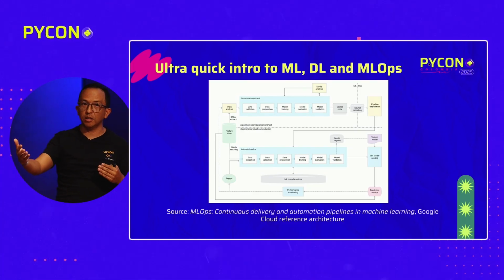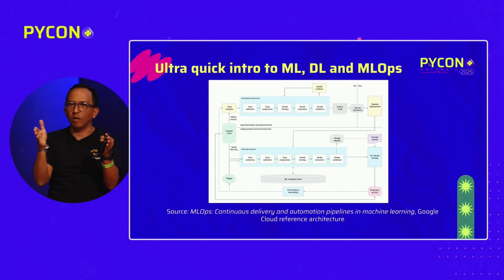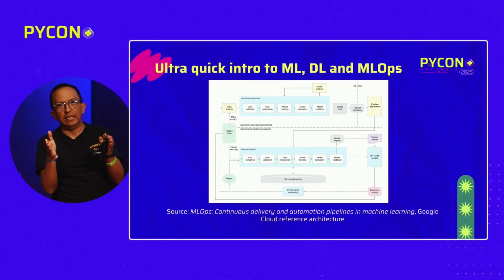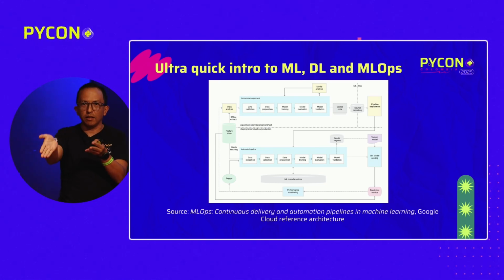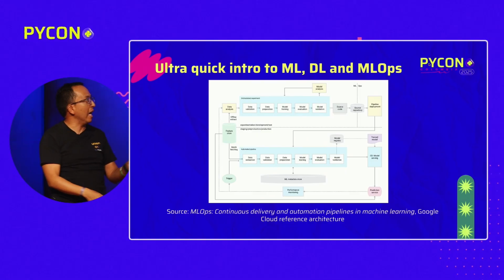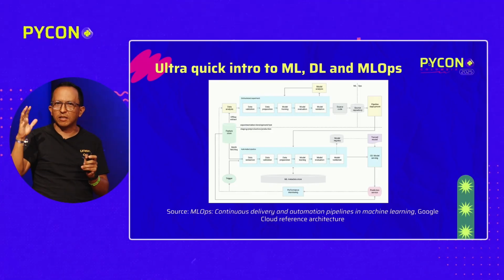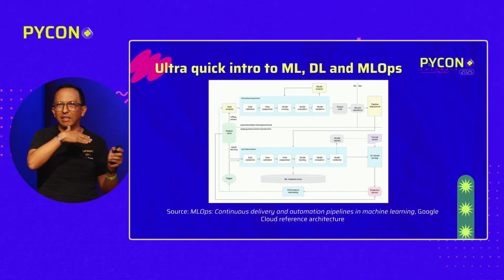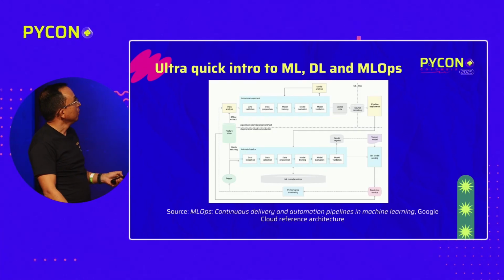Let's say it's an autonomous vehicle. If a self-driving vehicle is wrong on the predictions, it could kill someone, or it could kill you, right? So it can be very problematic, and this is why it's not an understatement or overstatement to say that this is probably even more complex than shipping traditional applications.